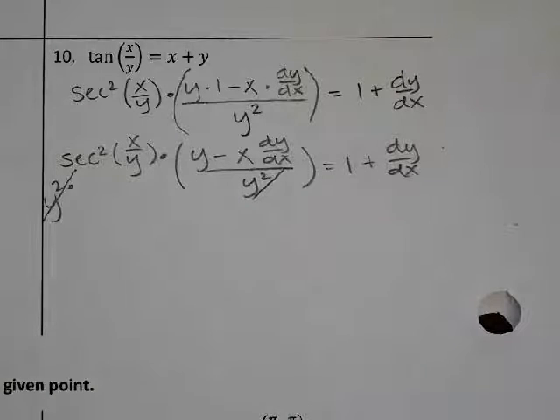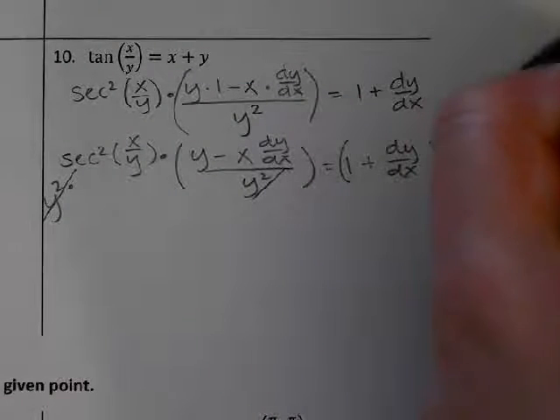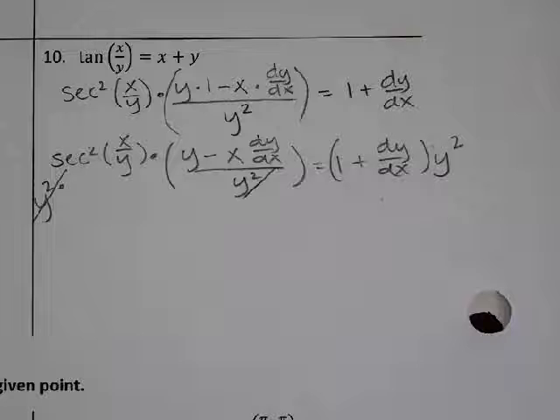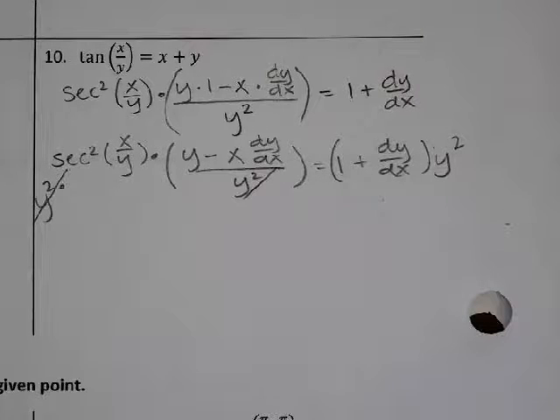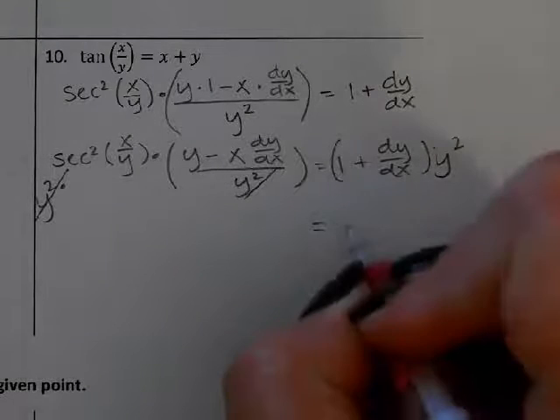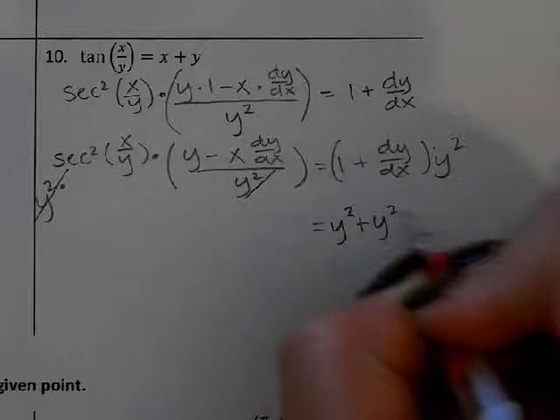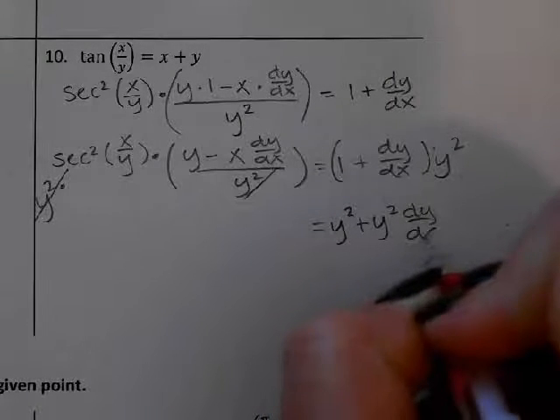And then I need to multiply by y squared on the right side as well. So on the right side, I have y squared plus y squared dy dx. Are we okay with that?